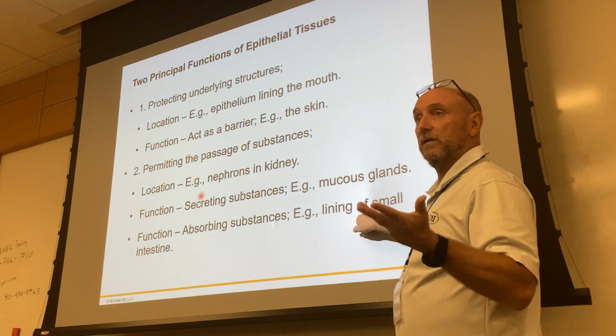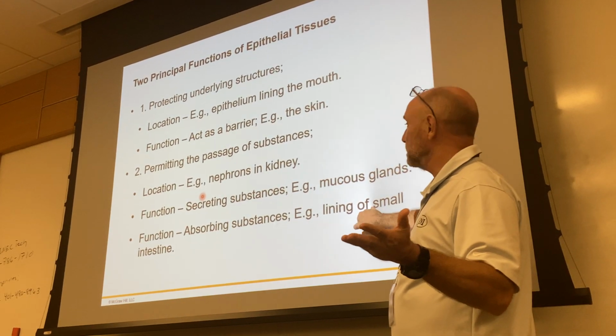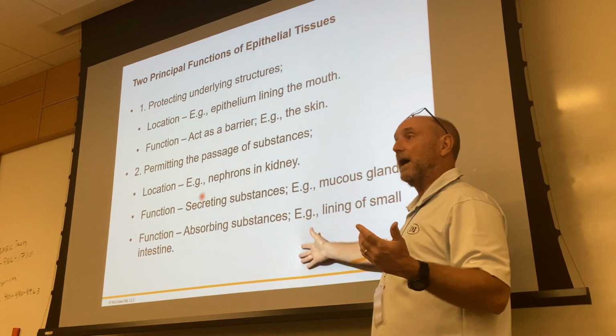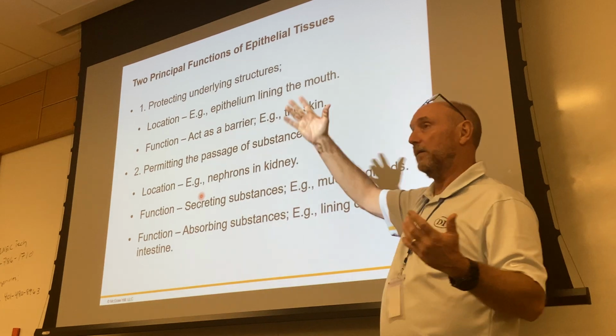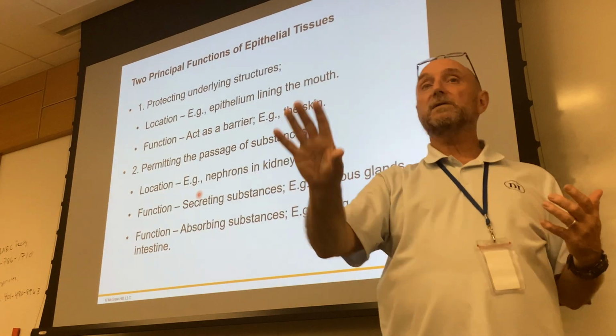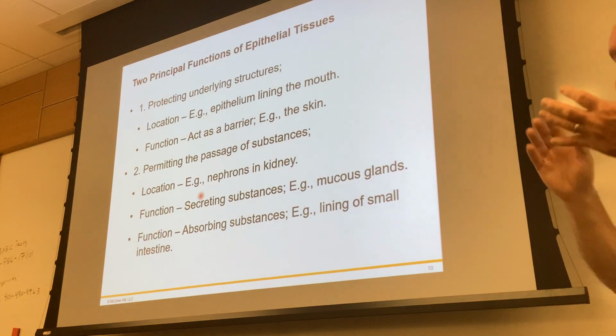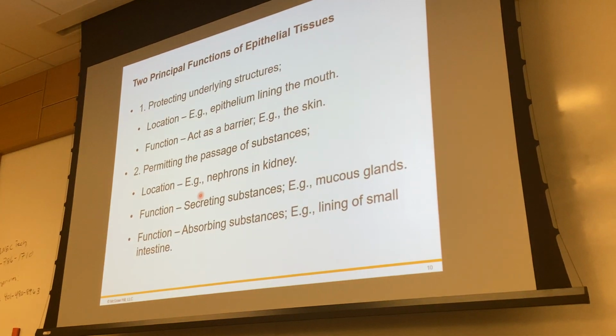Here's another example, in the small intestine. So when you're allowing things to pass from one area to another, that's always, always, always going to be simple epithelial tissue, depending on what you have, squamous, cuboidal, or columnar.